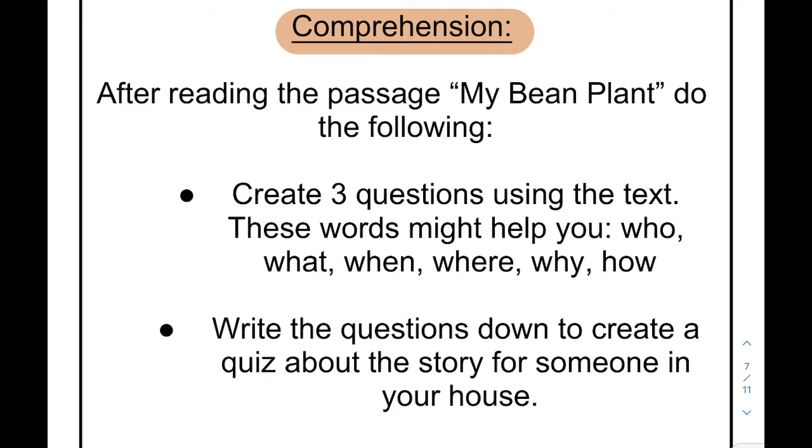Next, we have comprehension. After reading the passage, My Bean Plant, do the following. Create 3 questions using the text. These words might help you: who, what, when, where, why, and how.